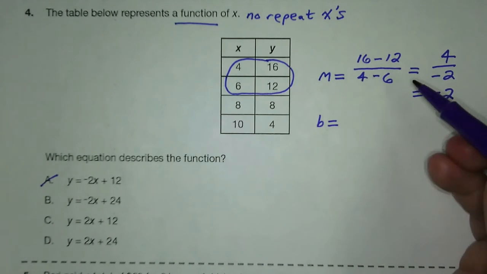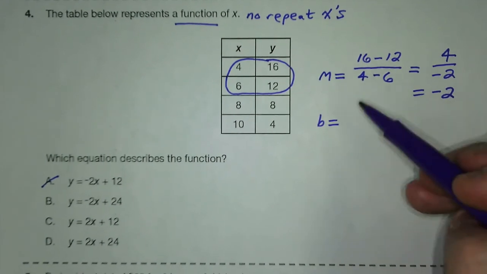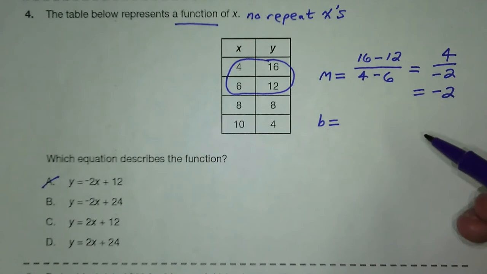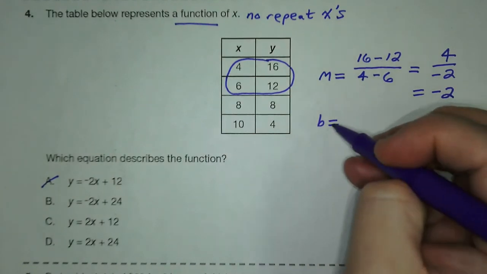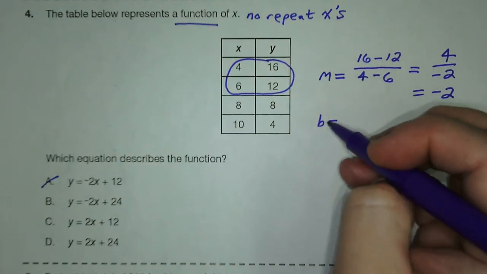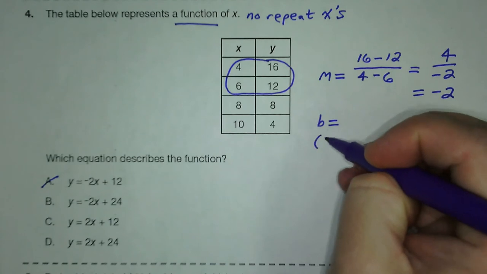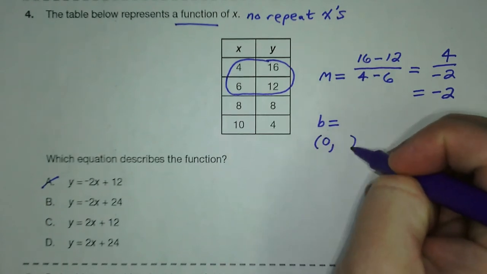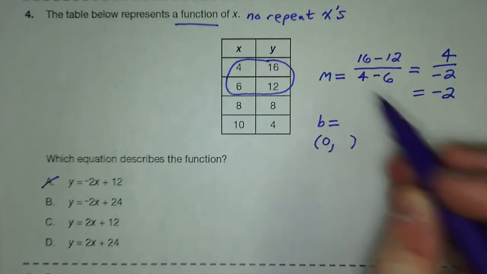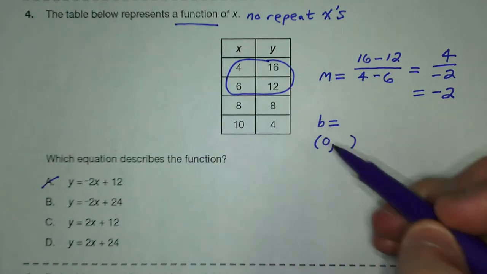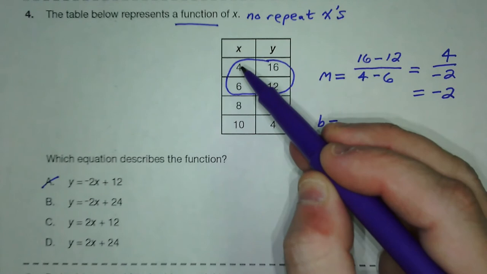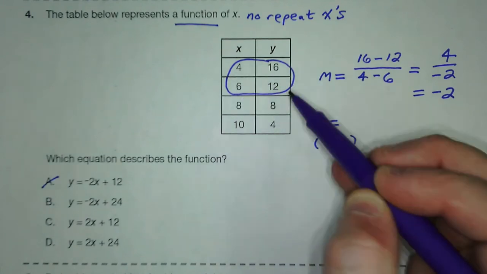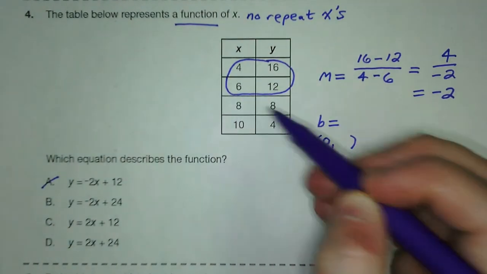Now, what's b? Can we tell what b is from a table? Actually, you sort of can. Remember, your y-intercept is b, and your y-intercept is always (0, something). So if you can somehow go in your table and figure out what 0 would match up with, like 4, 16, 6, 12, 0 what?